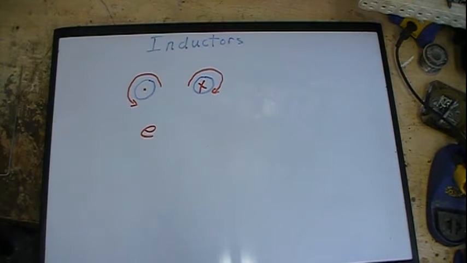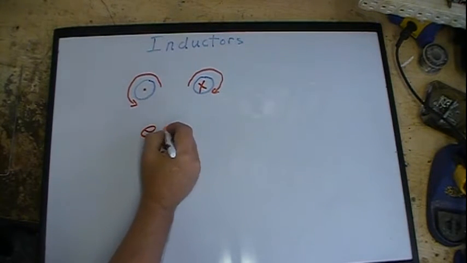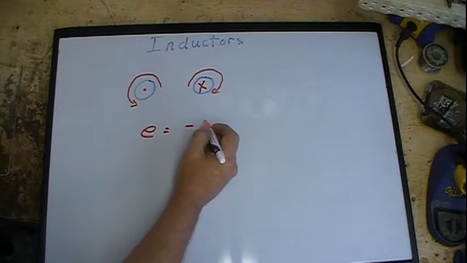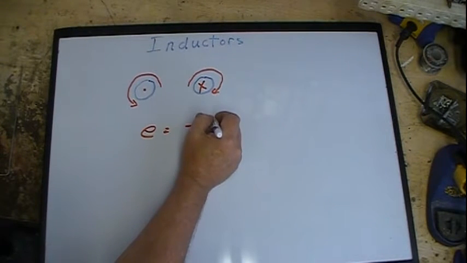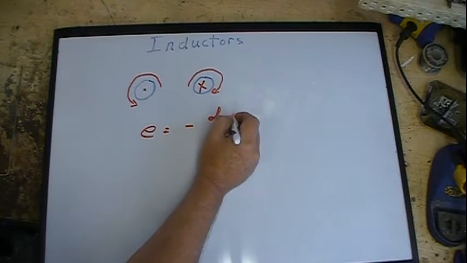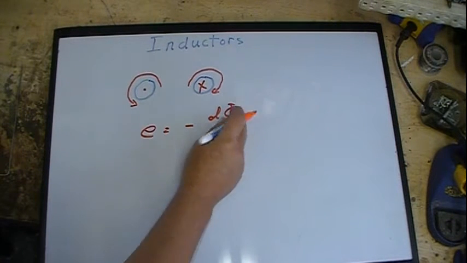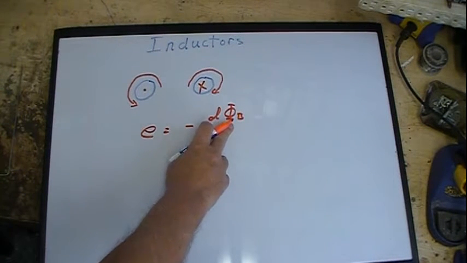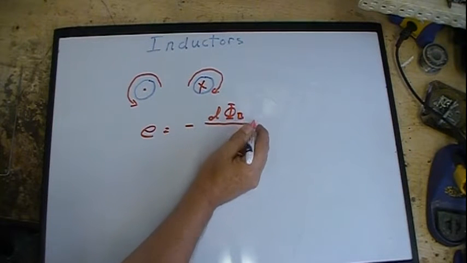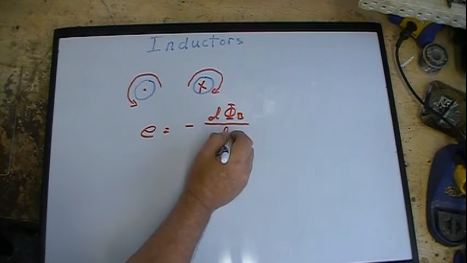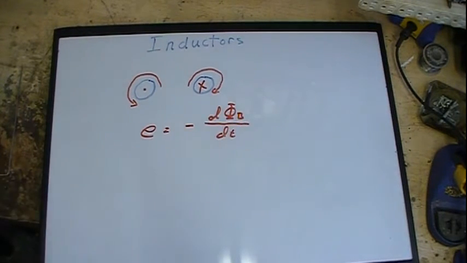E for EMF, or induced voltage, will equal a minus d, all this is a measurement of flux, divided by dt. Now, it's a differential equation.